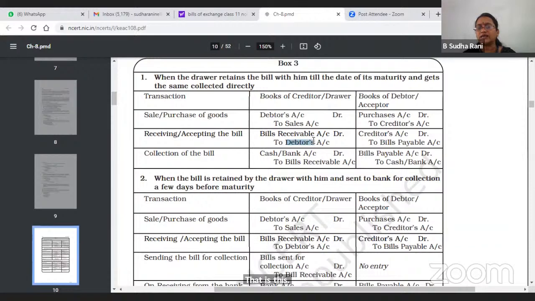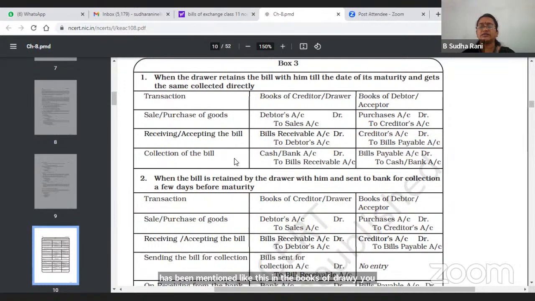You can write here the drawee's name, that is the customer's name. These are pro forma journal entries. In the books of drawee, you will write creditor's or drawer's account debit to bills payable account.